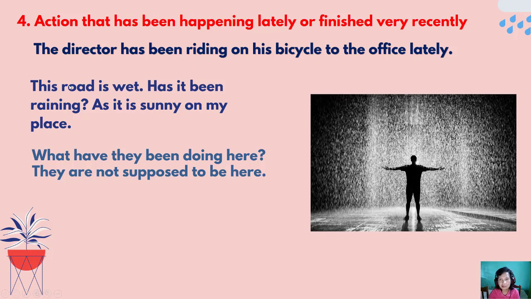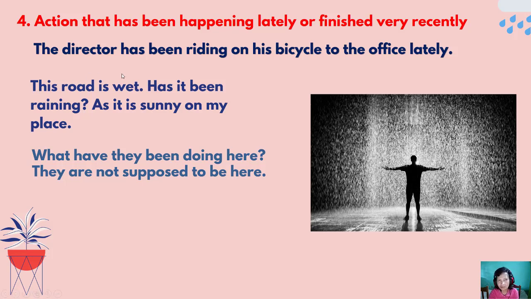And the next is finished very recently, but there is an effect or a result in the present. And usually we draw a conclusion from what we see, what we hear, or what we listen to.